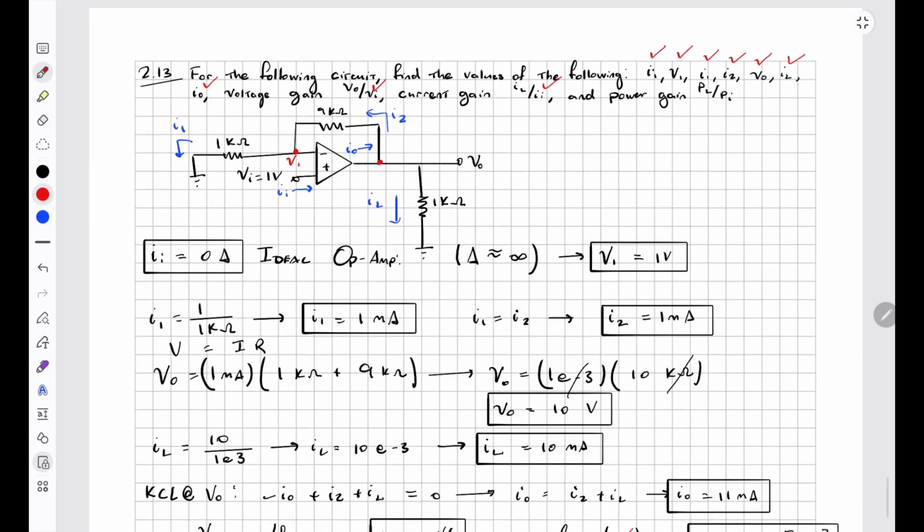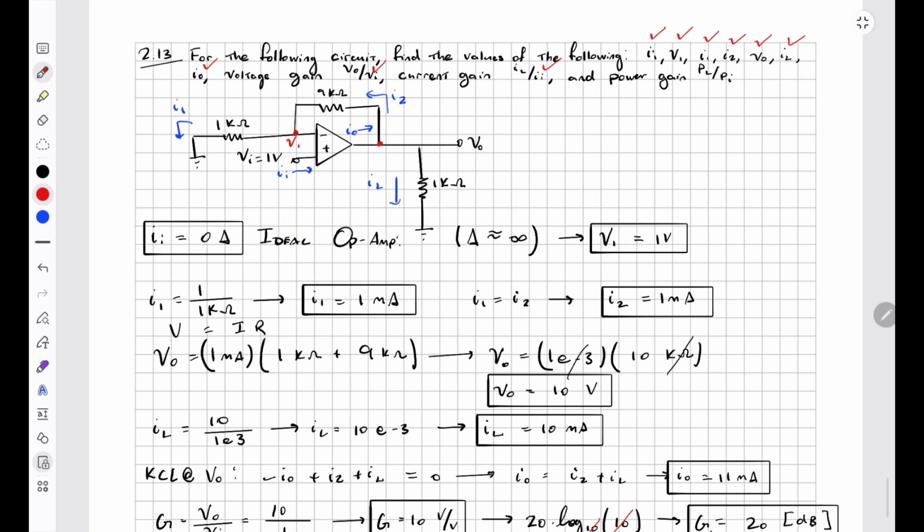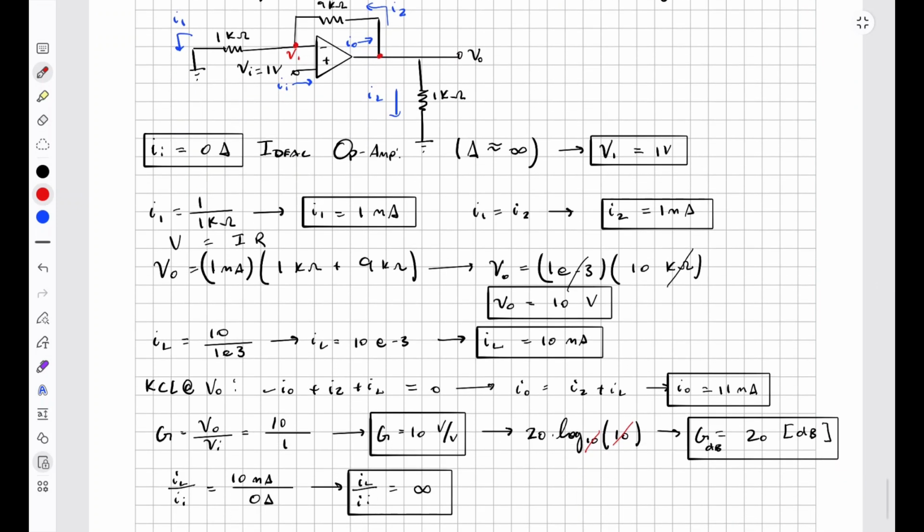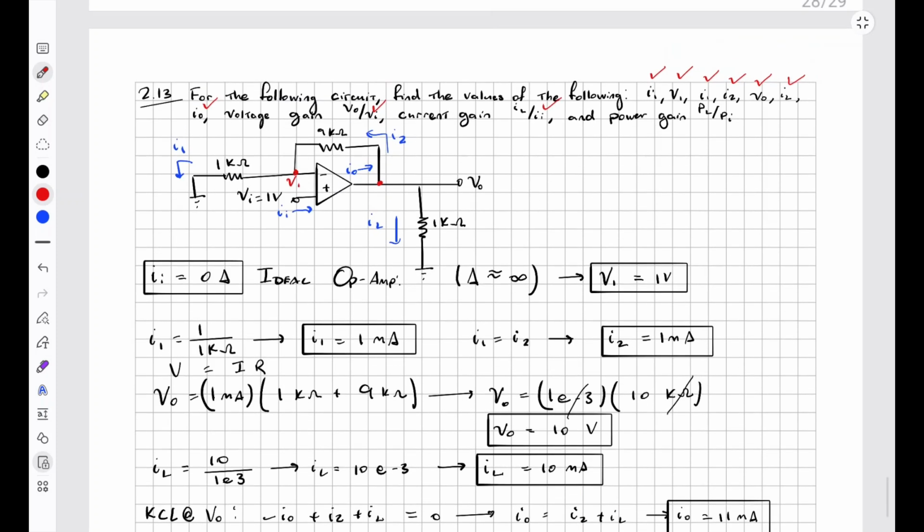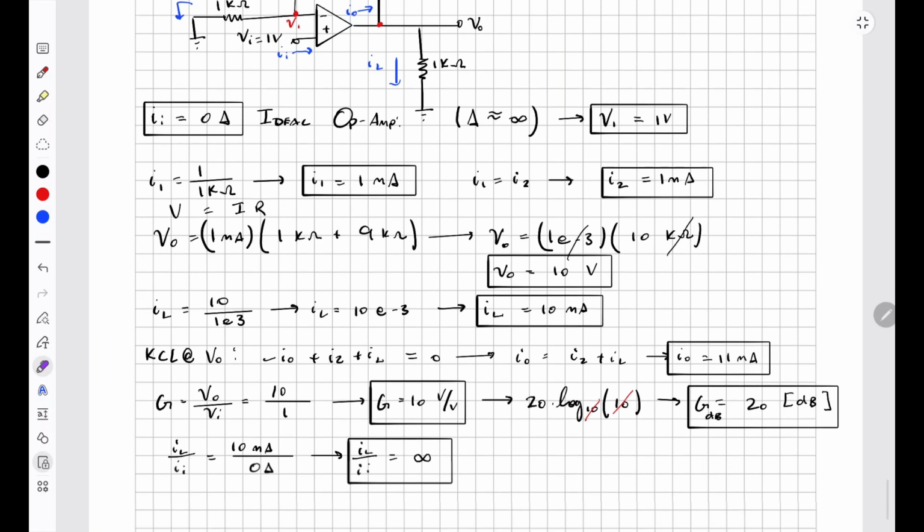The last one is the power gain PL divided by P in. I'm guessing that PL is referring to, see, if this is IL, then I assume this voltage drop is VL, otherwise known as V out, and then P in is the current here, I in, multiplied by the voltage, 1 volt.